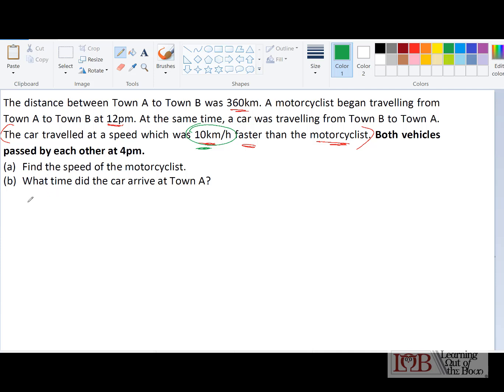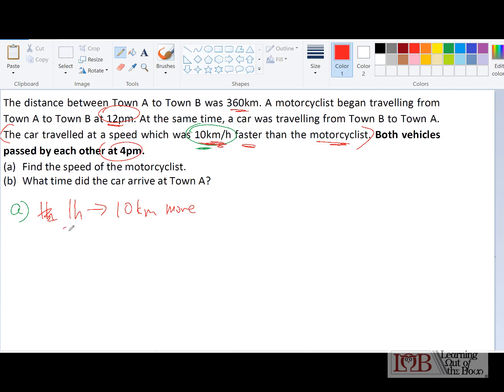Okay, so I want to share with you a method here, which is, because in 1 hour the car is actually traveling 10 km faster. Yeah, so from 12 to 4 p.m. Okay, so in 1 hour, it's already 10 km more, right?